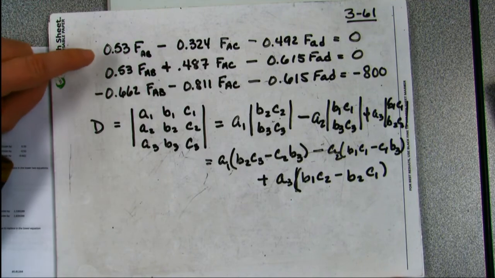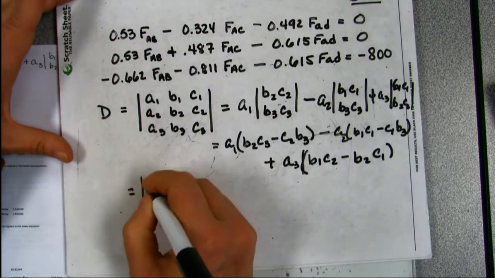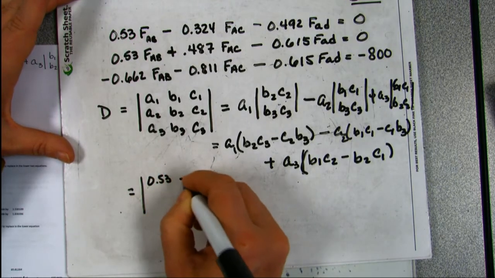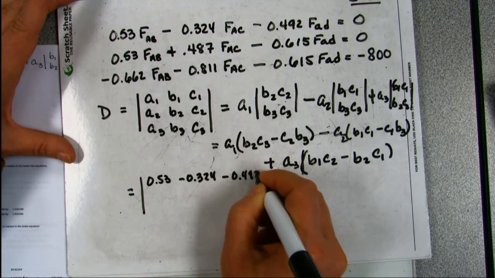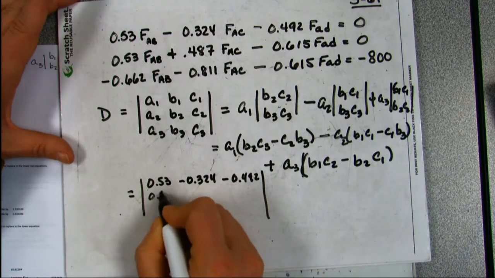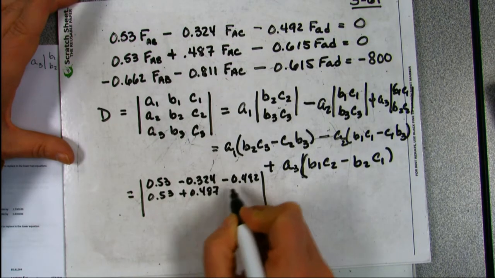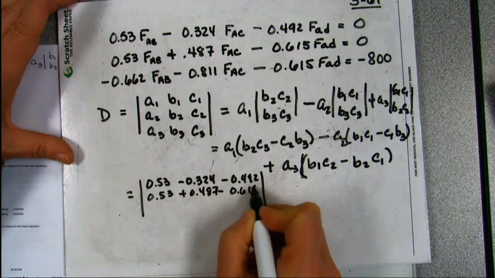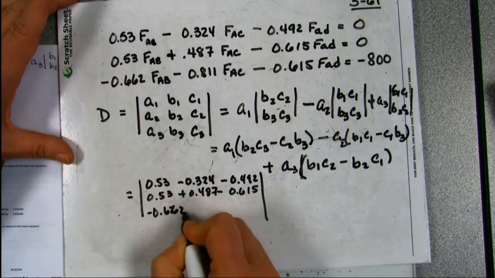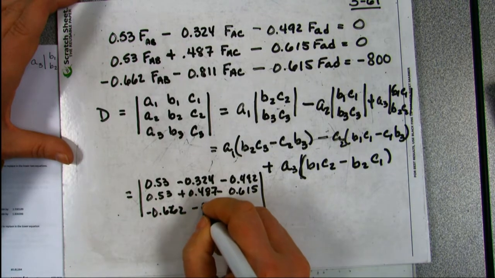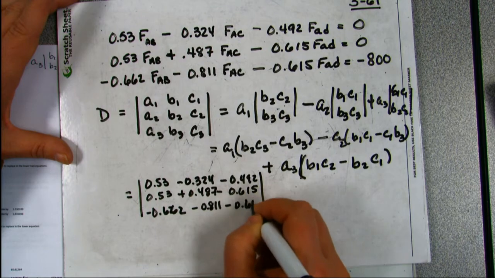So if I do this D and plug this in, I get 0.53, minus 0.324, minus 0.492, 0.53, plus 0.487, minus 0.615, and minus 0.662, minus 0.811, minus 0.615.